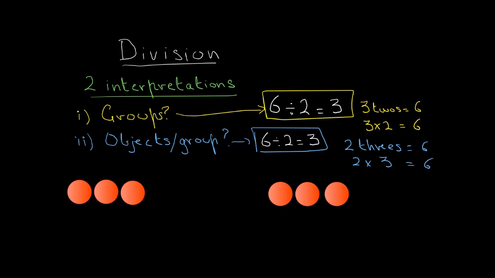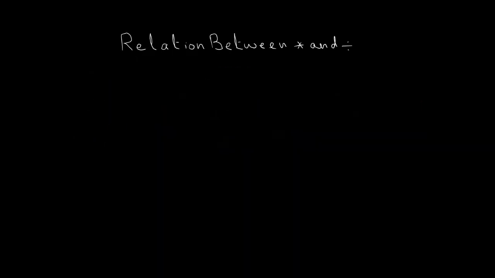And since we already know that 3 twos and 2 threes are equal by the commutative law, the two interpretations make sense, and we can think about either the number of groups or the number of objects per group.